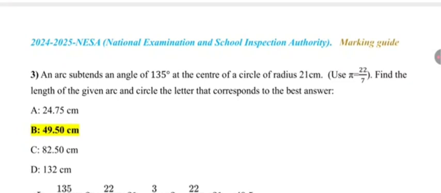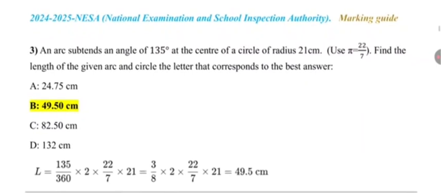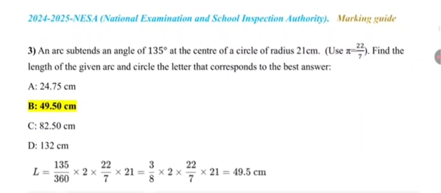And then there is number 3, where you have an arc that subtends an angle of 135 degrees at the center of a circle of radius 21 centimeters, and you have to use pi equal to 22/7, and find the length of the given arc.